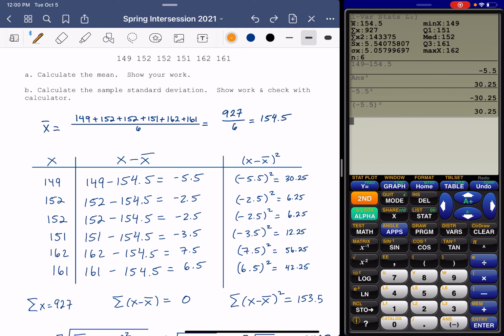And then here, when you sum these, you should have close to 0. Now, if you have something like 0.04 or 0.08, you're okay. You're very close to the answer.